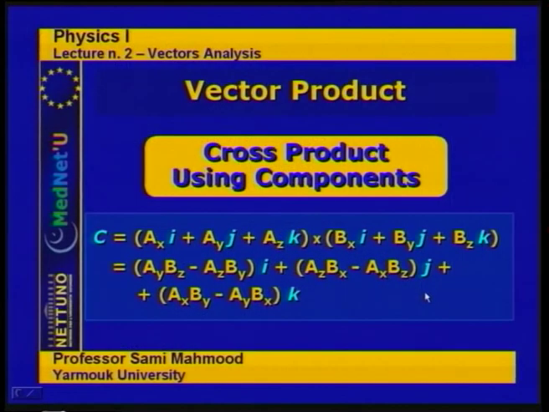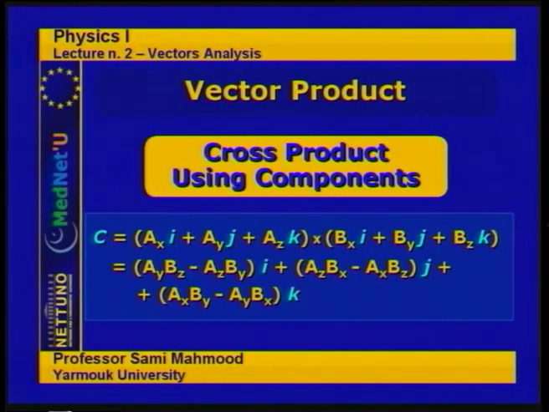Accordingly, when we multiply two vectors using the component method or the analytical method, for example, vector A cross vector B, we write these two vectors in terms of their components.